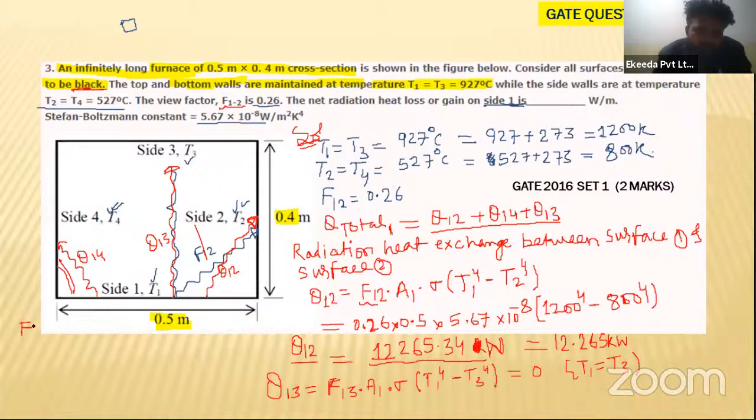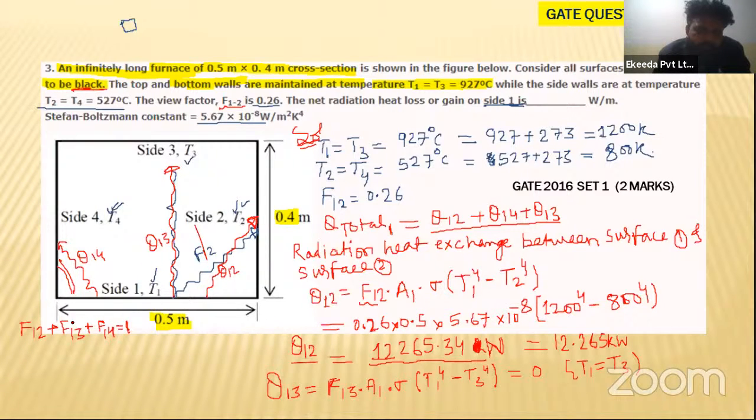Yes. So F12 plus F13 plus F14 is equal to 1, my dear students. That is the net radiation heat exchange between surface 1 and all.